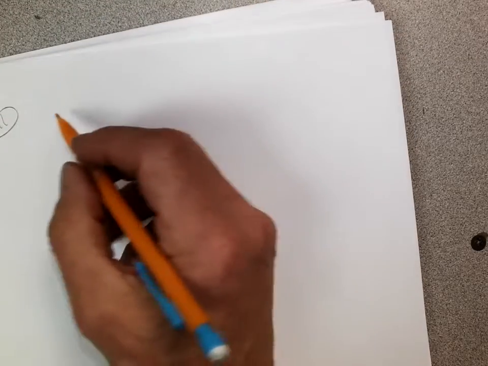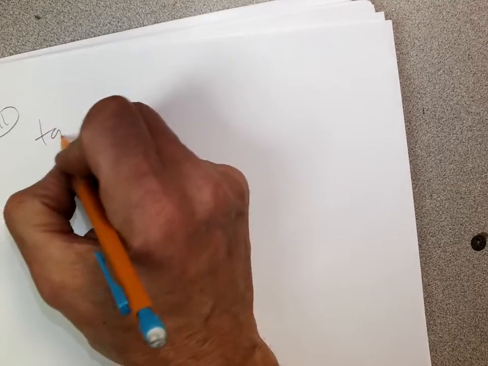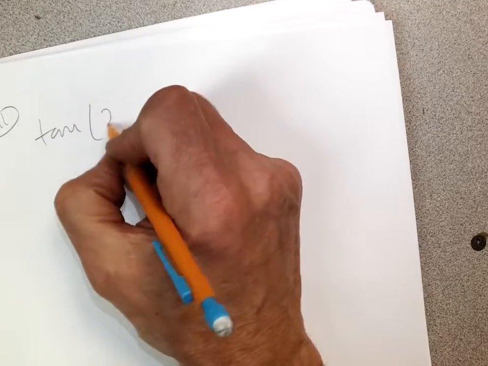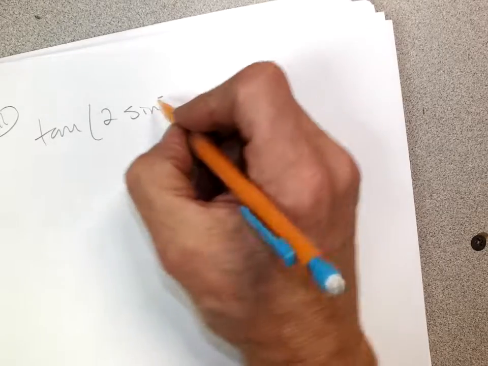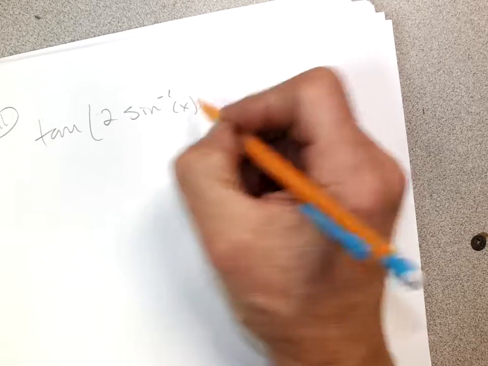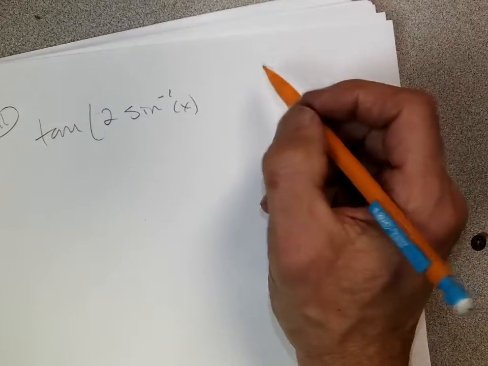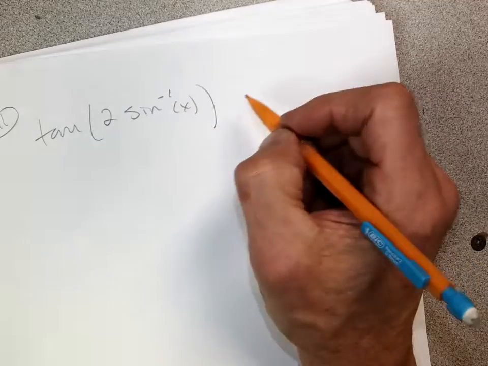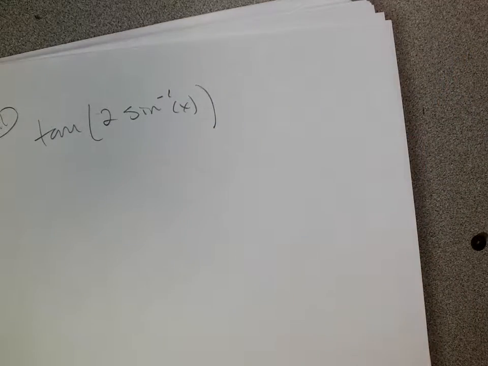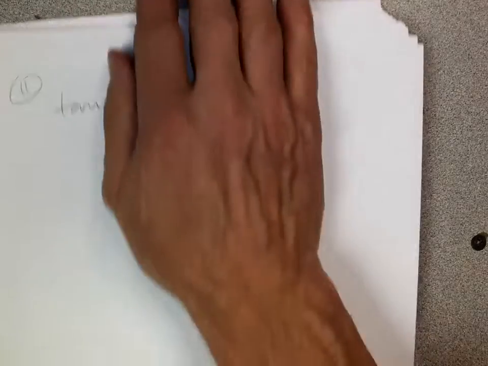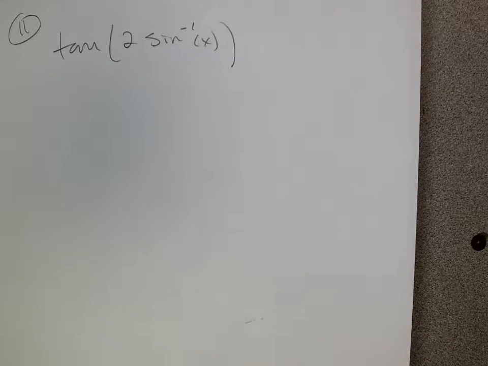Okay, 11. We want to write tangent of 2 sine inverse of x as an algebraic expression in terms of x. Okay, so how are we going to do this? Well, here is the trick. Listen very carefully.